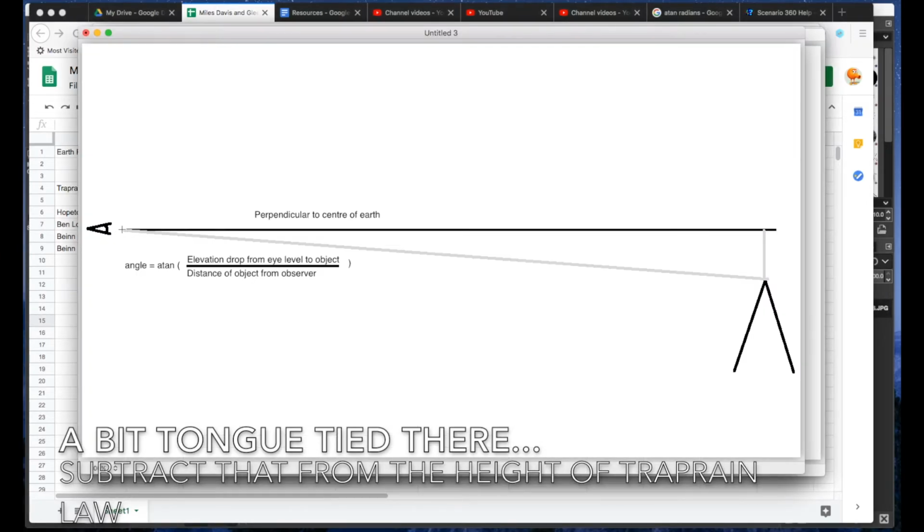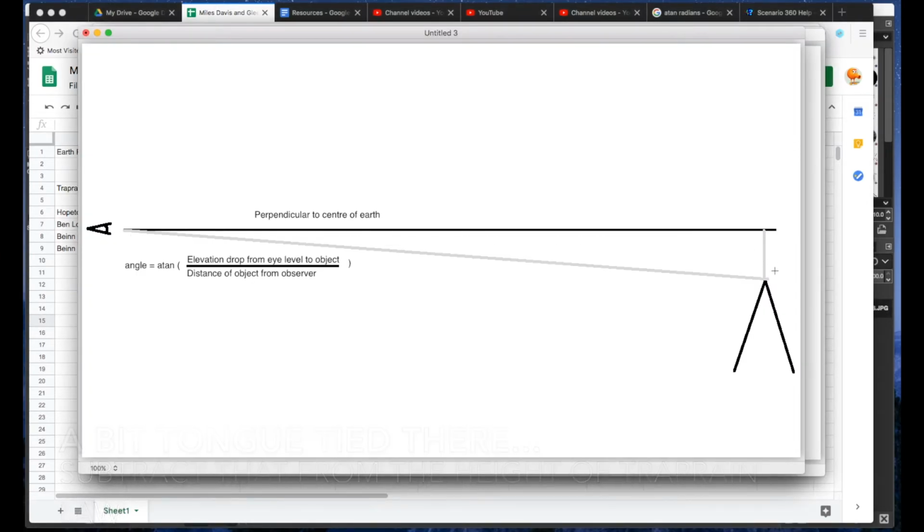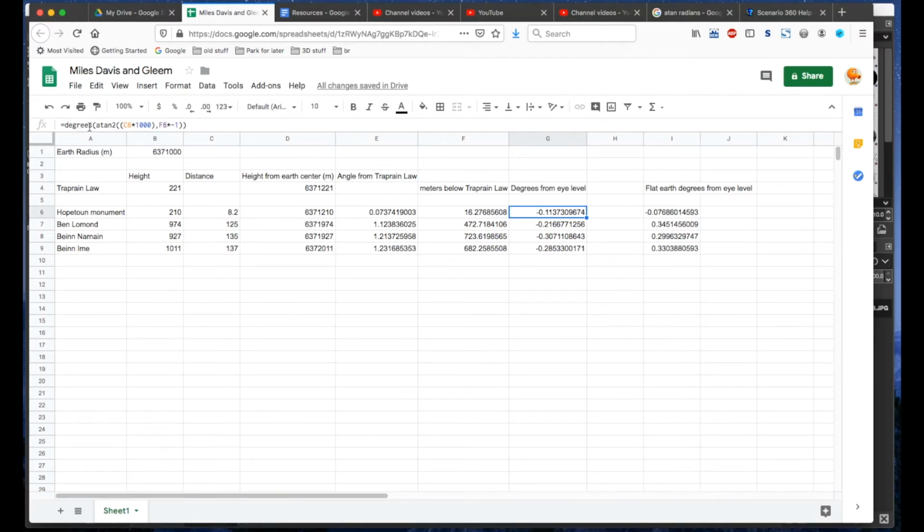This means that the angle to each observation point is the arctangent of the elevation drop, which is this, divided by the distance of the object from the observer. So I'm converting to degrees.